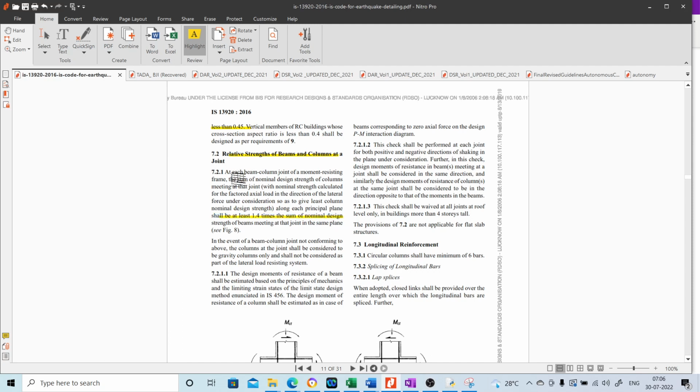If you look here at any beam column joint, the sum of the strength of the columns meeting at the joint should be at least 1.4 times greater than the sum of the strength of the beams meeting at that particular point. So that is the idea of strong column weak beam philosophy, to ensure that failure occurs only in the beams, because if columns fail, then it will lead to progressive collapse of the entire building, whereas if a beam is failing, it is only a localized failure.